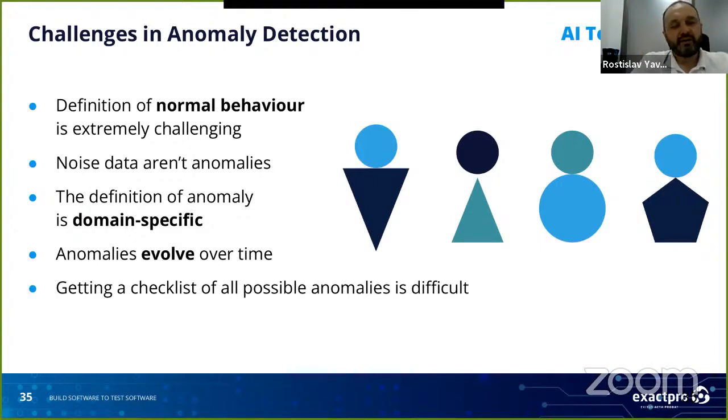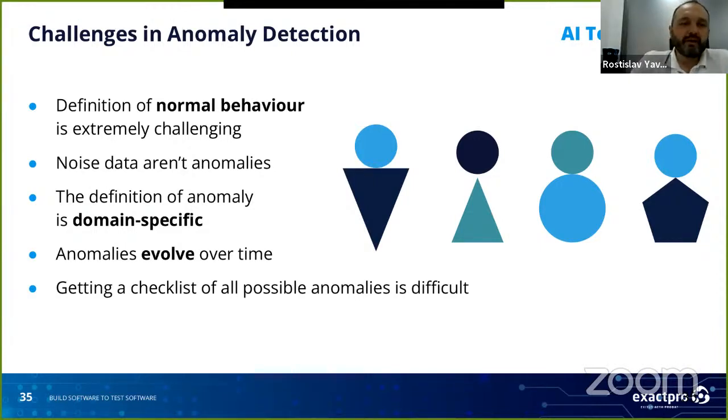And the last point: it would be a dream to have a checklist. For our systems, we have these possible anomalies, number one, number three, and then you just go through and check. Unfortunately, it's not possible. Maybe sometimes, but usually not, because there is too huge a number of different possibilities of what could go wrong, what could be not normal.